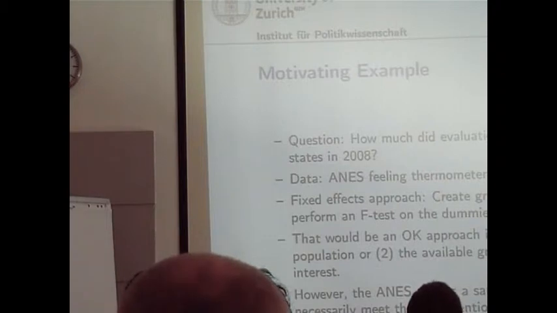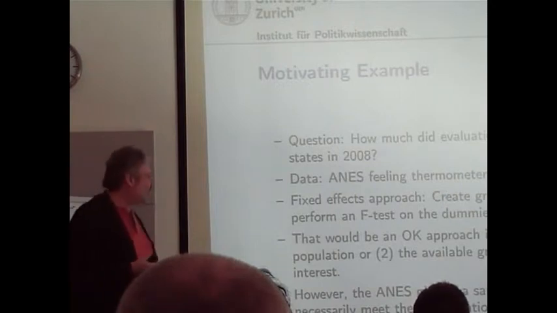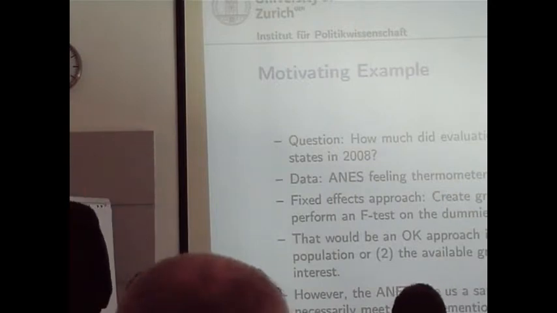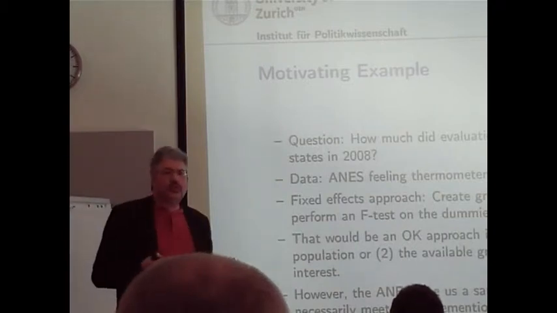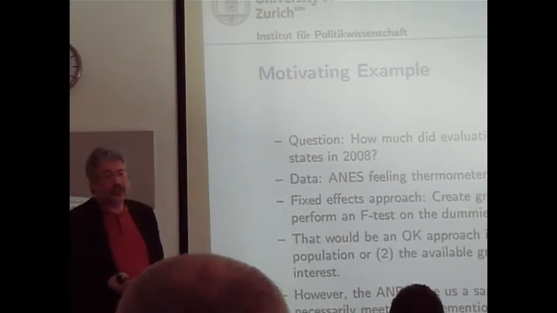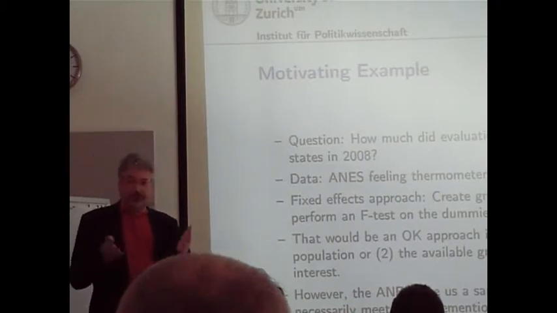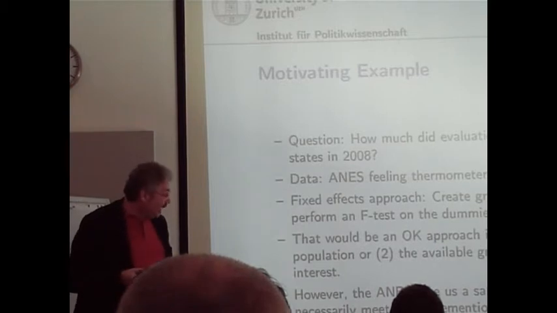But the way the ANES is organized, neither of these criteria is met, because in its sampling design the ANES ends up sampling counties essentially, but effectively that then produces a set of states.